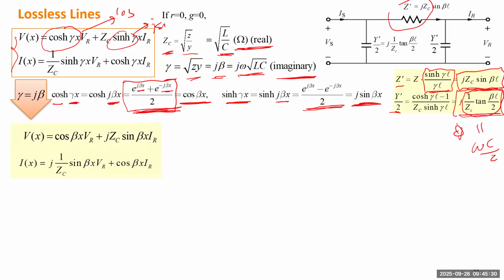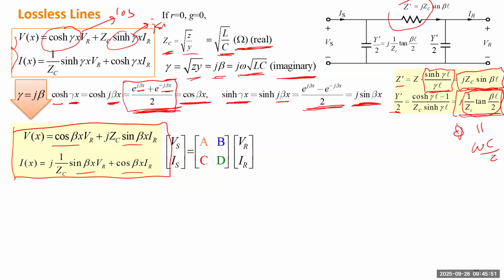All right, so immediately we have those two formulas describing the voltage and current changing with distance on the power line without any loss. You see here we have changed all the hyperbolic functions to sine or cosine functions.